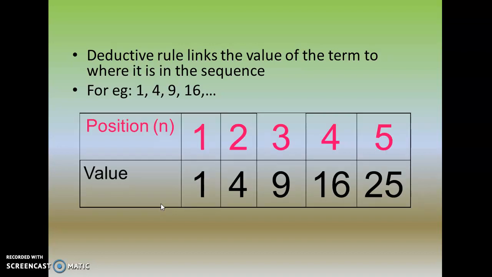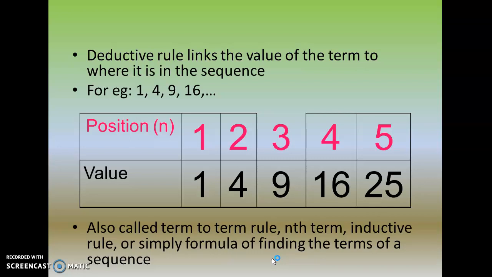So for example, if I am talking about 1, 4, 9, 16, all right, here, now if you look at the table, the position of the first value here, which is 1, is 1. The second position, you have the term 4. At the third position, you have 9. And the fourth position, you have 16, followed by the fifth position, which is 25. So if we look at the position and correspondingly try to derive a formula for it, then we say that we are using a deductive rule to find the general term for a particular sequence.